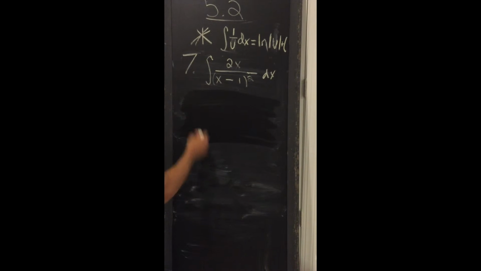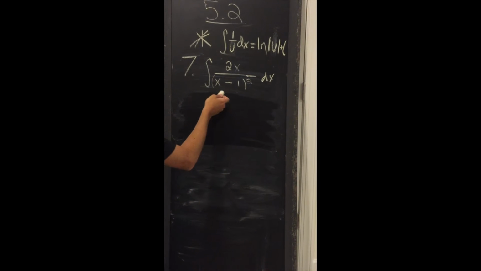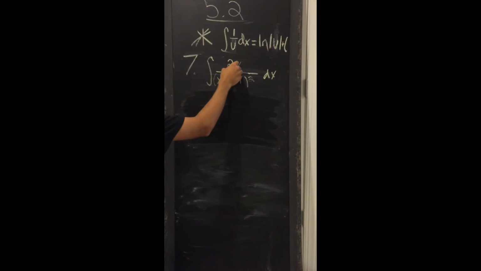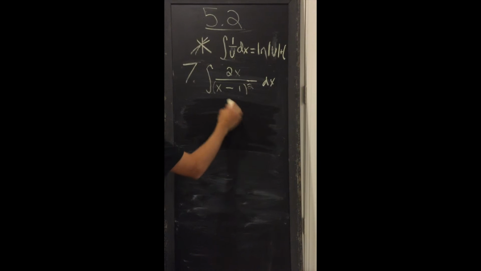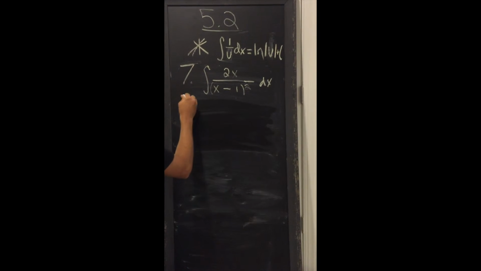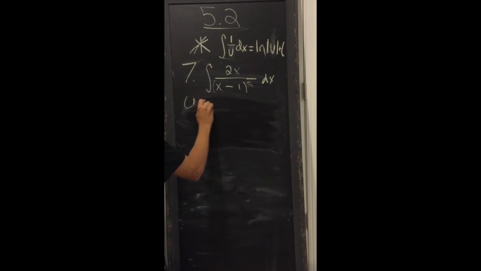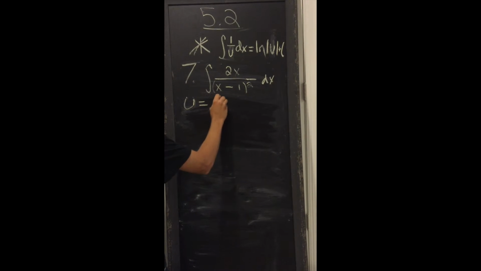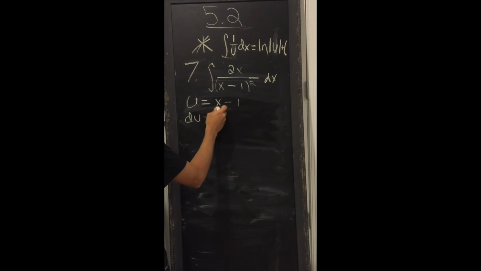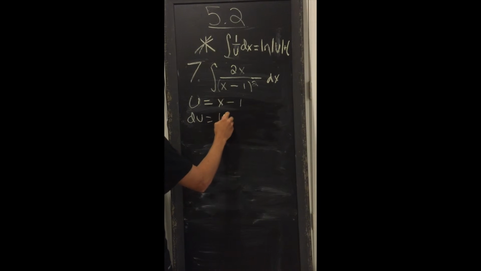Alright, for example number 7, we have the integral of 2x over the denominator squared. Since the denominator is squared, we're gonna set u equal to what's inside, x minus 1, and we're gonna set du equal to the derivative, which is just dx.